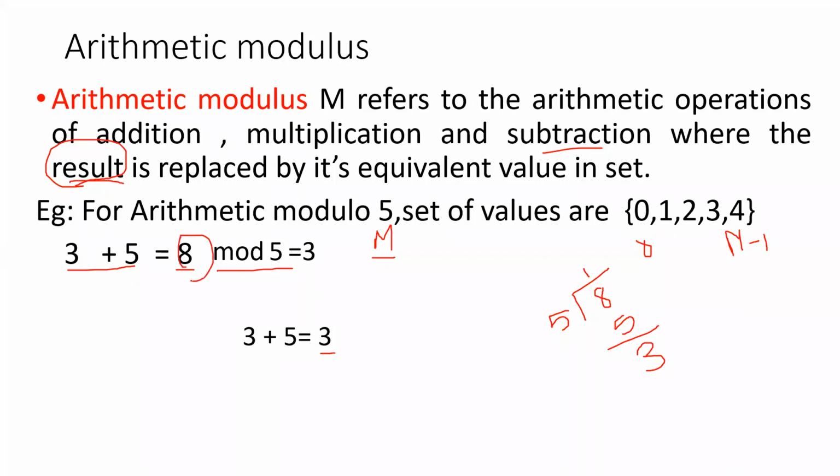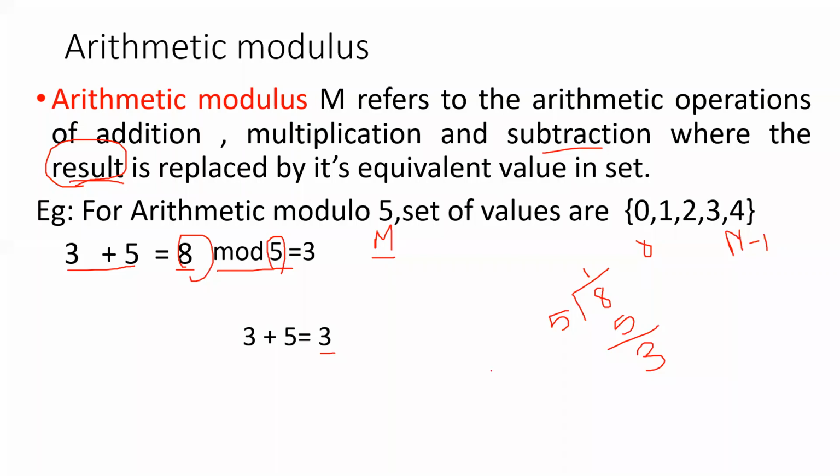The actual answer is 8, but you will be replacing the result after finding mod with that particular number. So when you find mod with that particular number, the result will be replaced by a set of values which are given starting from 0 to m minus 1.